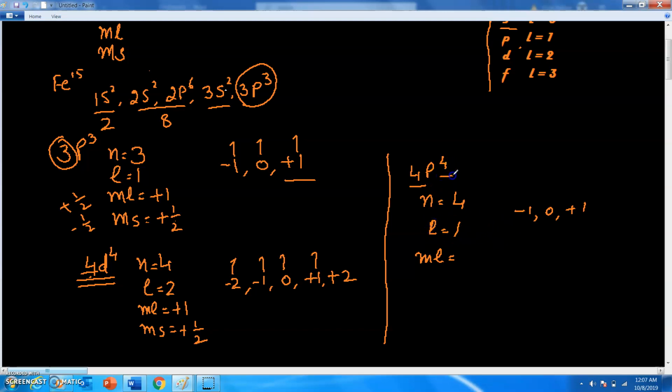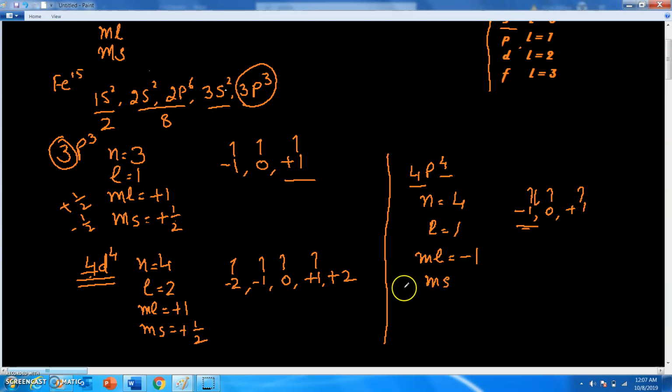How many electrons are there? 4. So first electron goes to here, second goes to here and third goes to here. One more is left. It will go here. Where the last electron has gone, it has gone to -1. So ML is equal to -1.